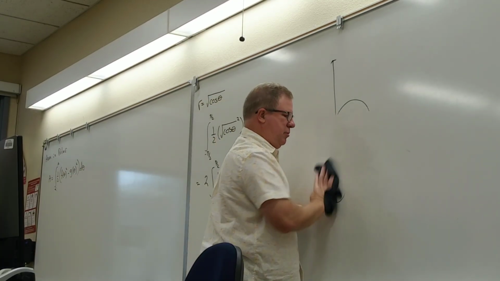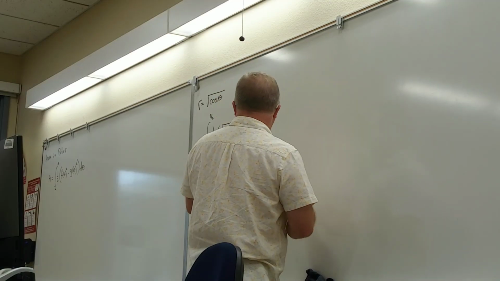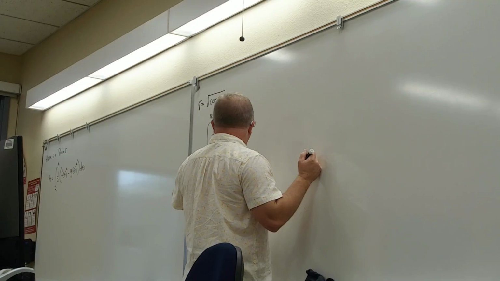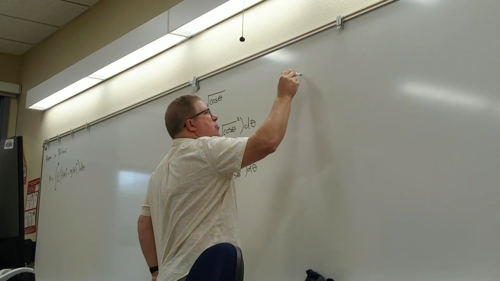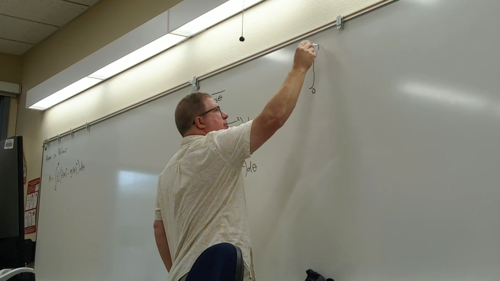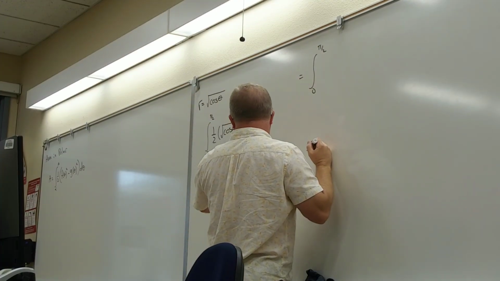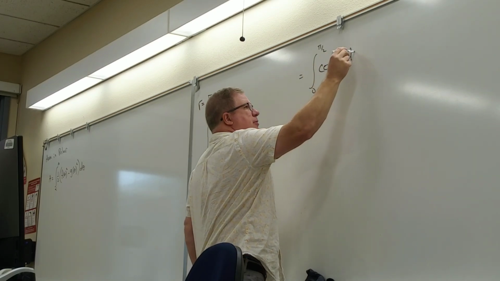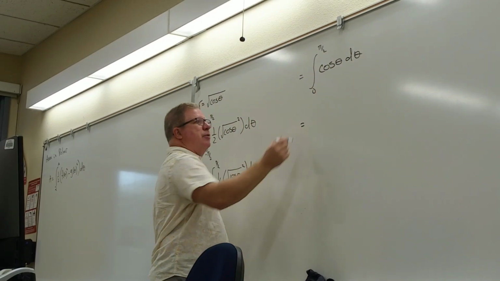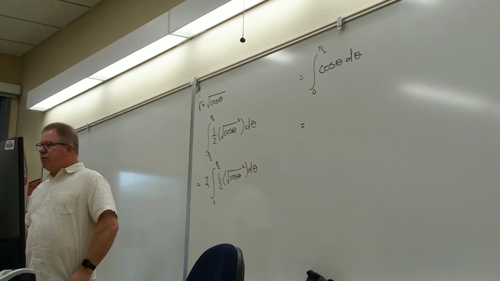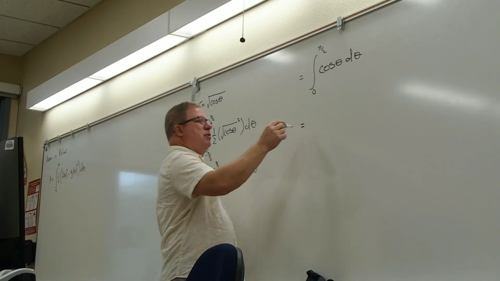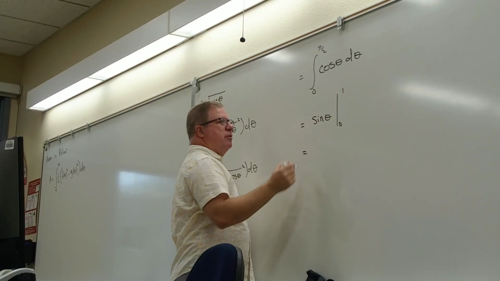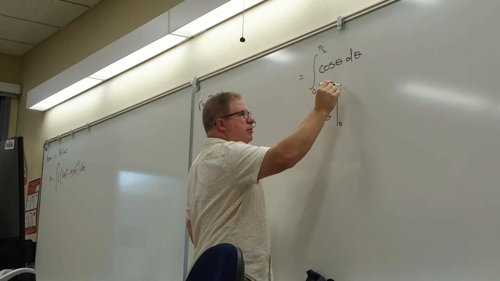All right. Now, let's pull the half out, which 1/2 times 2 is 1. So we just have a 1 out there. Let's square the root. The square cancels the root and gives us cosine theta in here. The antiderivative of cosine theta is sine theta. Bounds 0 to pi over 2, I'm sorry.